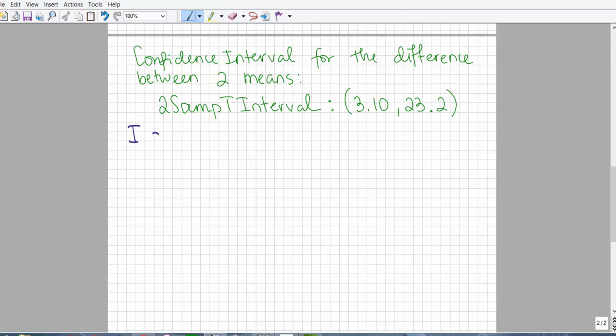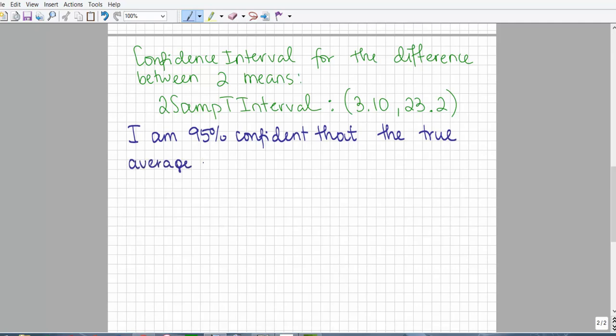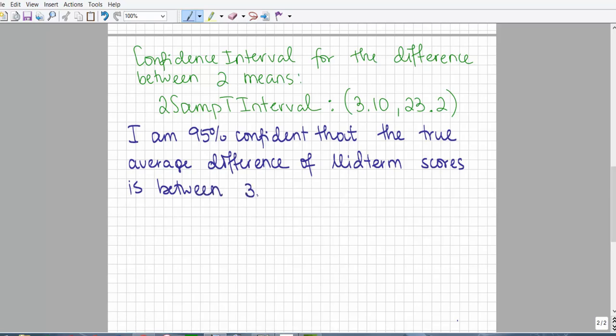I am 95% confident that the true average difference of midterm scores is between 3.10 and 23.2 points in this case, right?